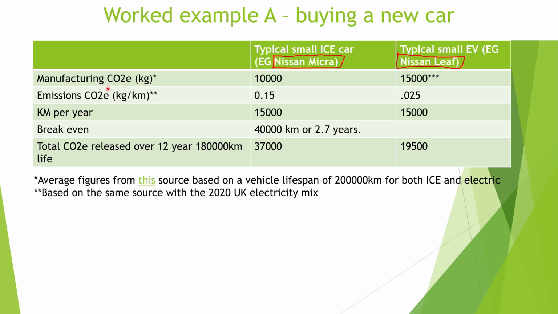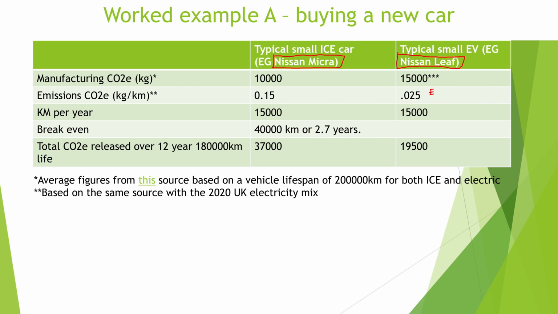Okay, but as we would expect, when we look at the emissions during use, the CO2 equivalent per kilometre, we find that for the small internal combustion engine car, it's approximately 0.15 kilograms per kilometre, so not too bad, but it's substantially less, 0.025 per kilometre for the Nissan Leaf electric car. Now, I know what you're saying. You're saying, but electricity.